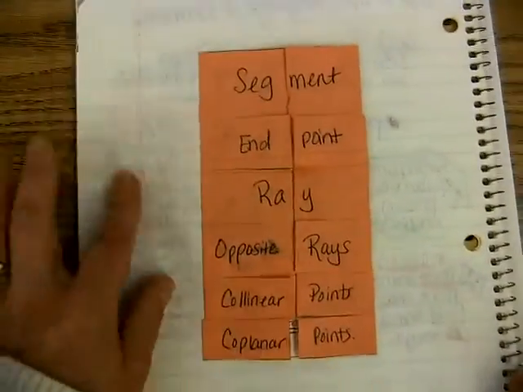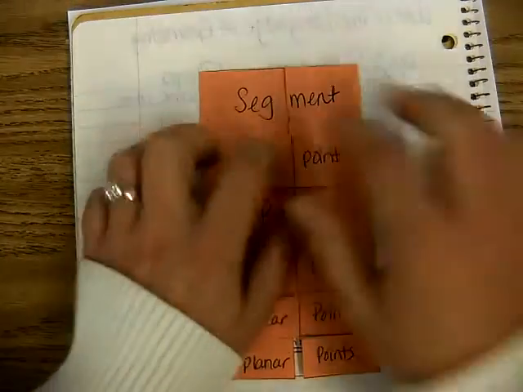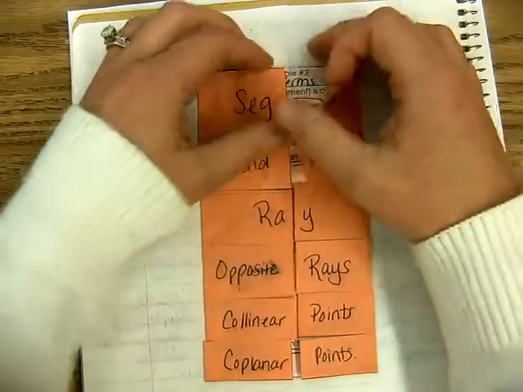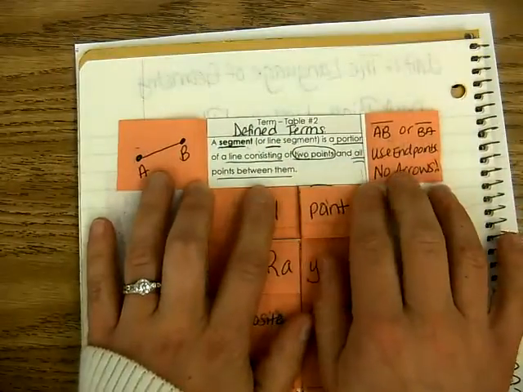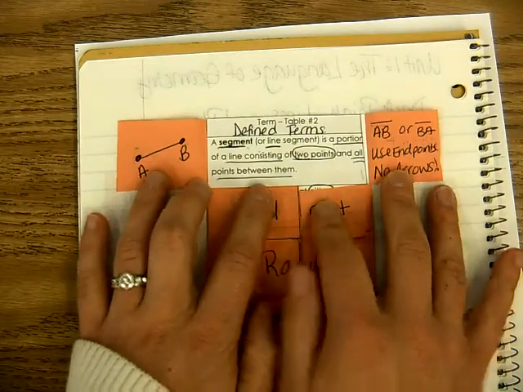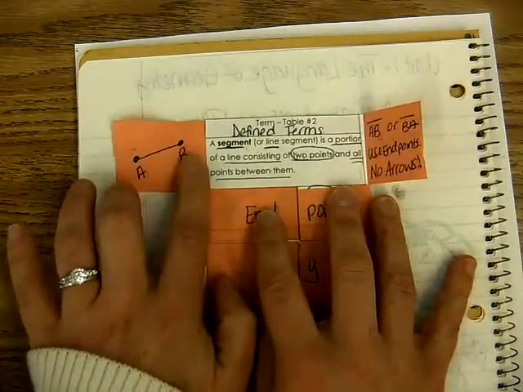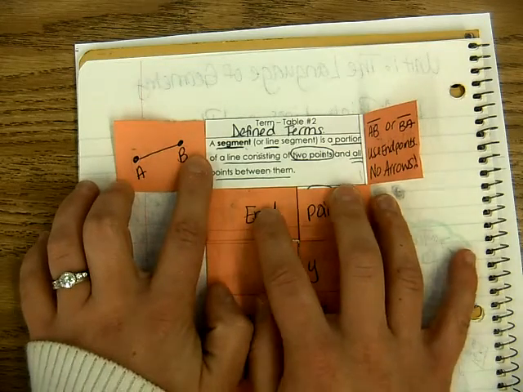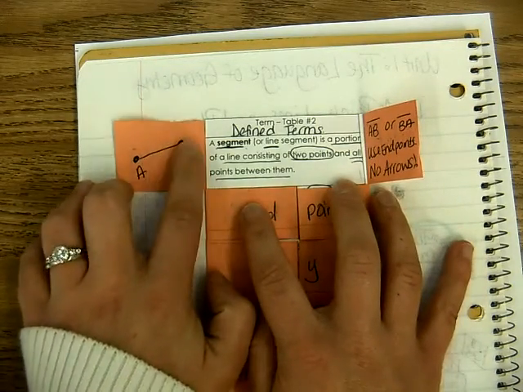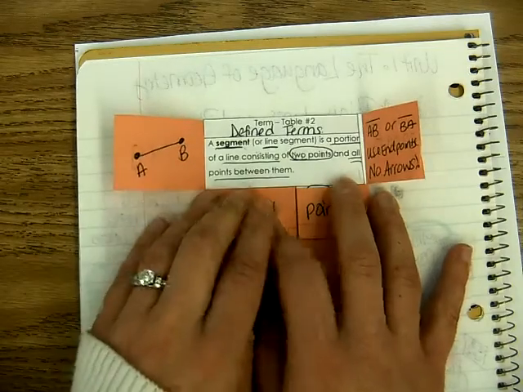The next set of vocab words that we had was segment, and a segment is a piece of a line. And the piece of the line that we're referring to is in between 2 distinct points, so A and B. And all of the values or points in between is considered a segment.